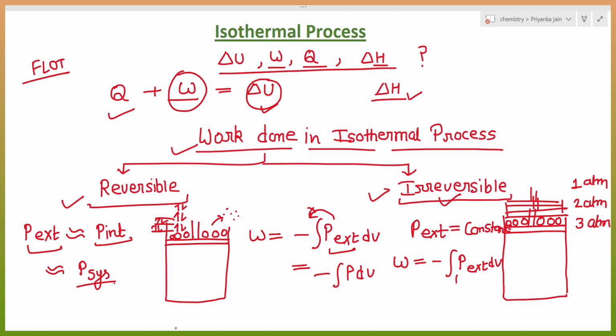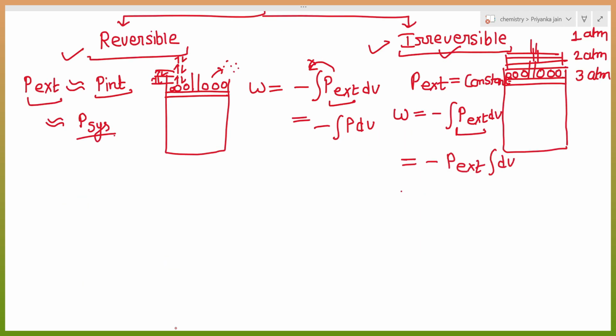Now this term is constant, so it can be drawn outside this integration. So we can write minus P external and integration of dV. And now what will be the value of dV? That will be equal to V2 minus V1. So we can write W is equal to minus P external (V2 minus V1).